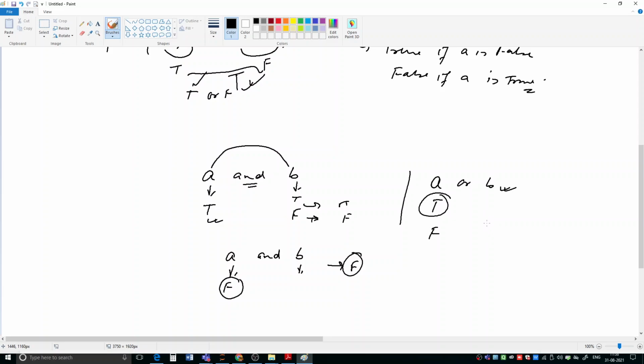Yes, in this case we need to evaluate, because if this is false, now the value of this expression depends upon this one. If it is true, then the result will be true. If it is false, then the result will be false. So you have to think like that also, whether we need to evaluate the right operand or not, depending upon the operators and expressions. I hope up to this point no problem to anybody.